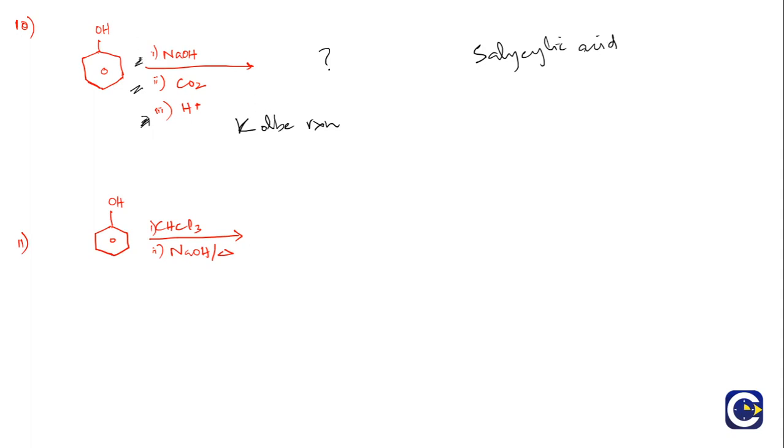In the first step of the reaction we get the phenoxide ion, and in the second step carbon dioxide reacts with it, and we get an intermediate product, which on protonation gives us salicylic acid. Salicylic acid can be written as OH, and then we have COOH at this position.